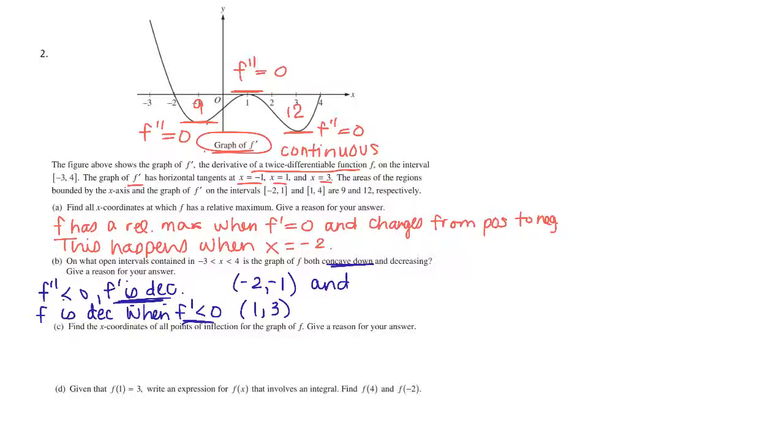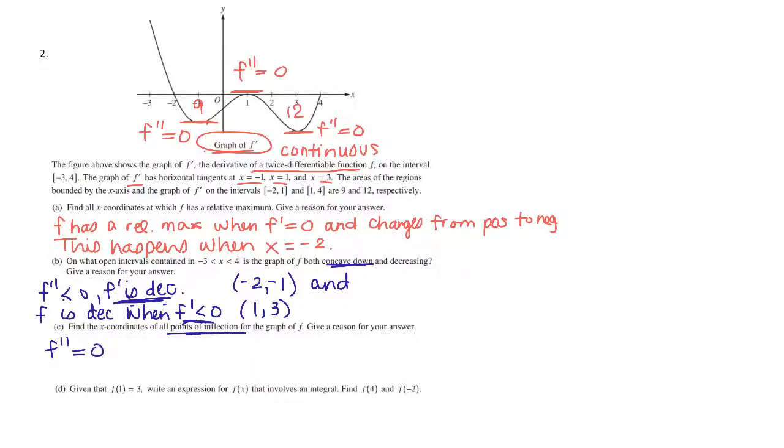Now in part C, you have to find all the points of inflection for the graph of f and give a reason for your answer. So let's start with the reason for our answer. Let's state what we're looking for. What rule would we use? Well, for us to have a point of inflection, the first thing that has to be true is f double prime must be equal to 0.